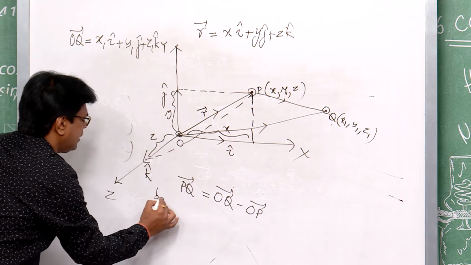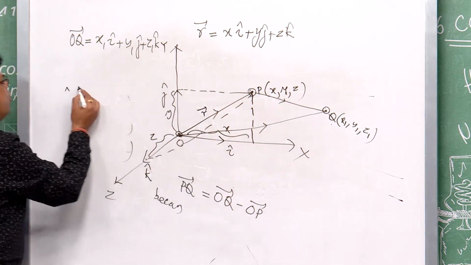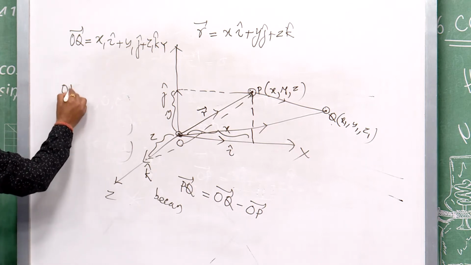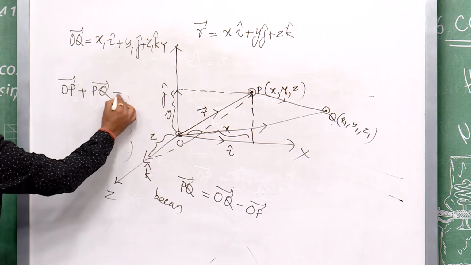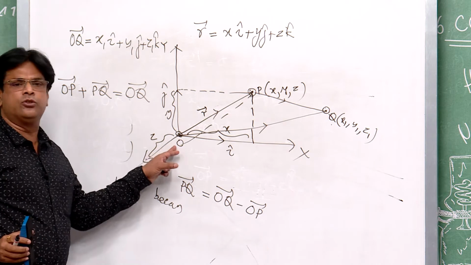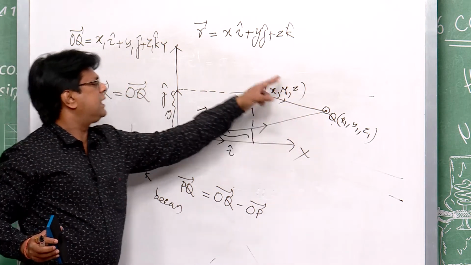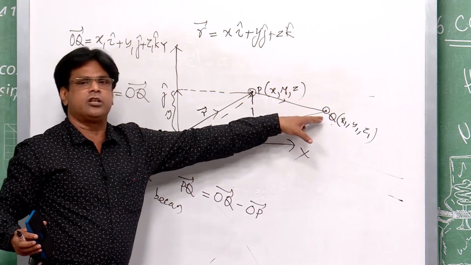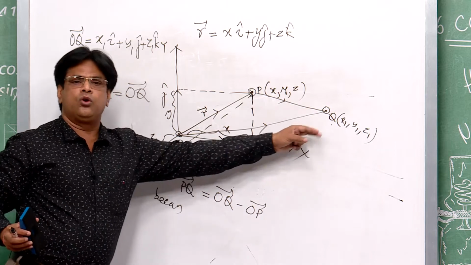because OP vector plus PQ vector is equal to OQ vector. Here the initial point is O and the final point is P. For the PQ vector, this is the initial point and this is the terminal point, and OP plus PQ is equal to OQ.